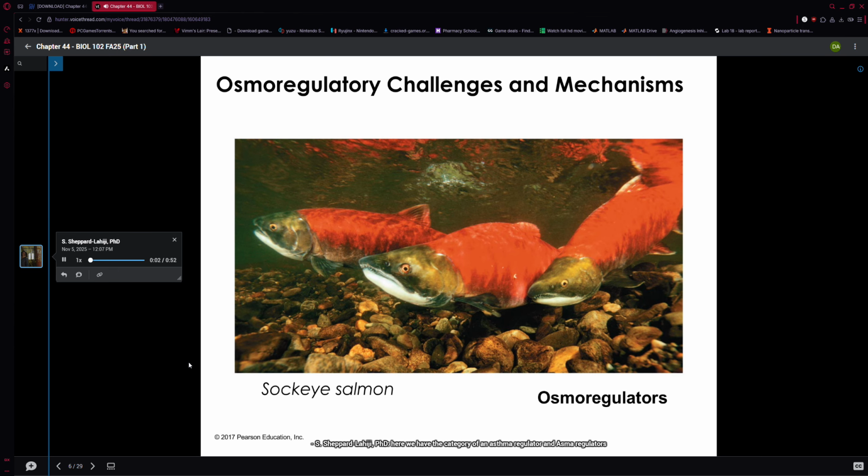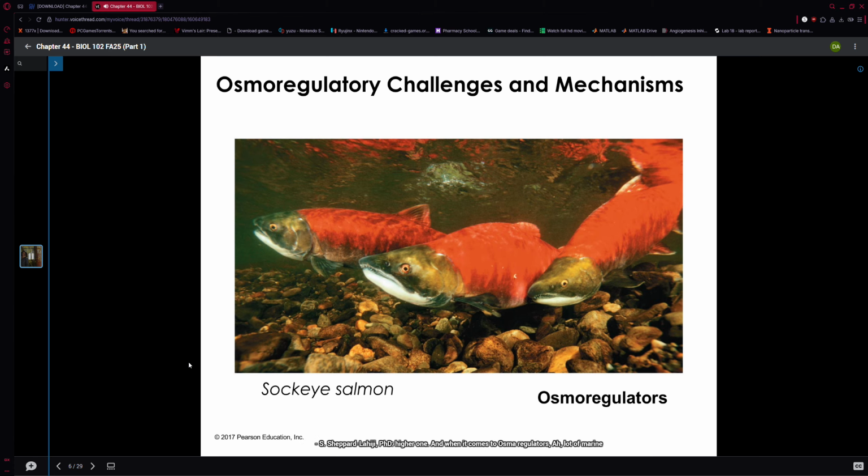Here we have the category of an osmoregulator. And osmoregulators control their osmolarity internally, and they'll maintain a pretty constant blood osmolarity, even if they're in different surrounding environments, like the salmon here, which would migrate between rivers that have a lower solute concentration versus oceans, which would have a much higher one.